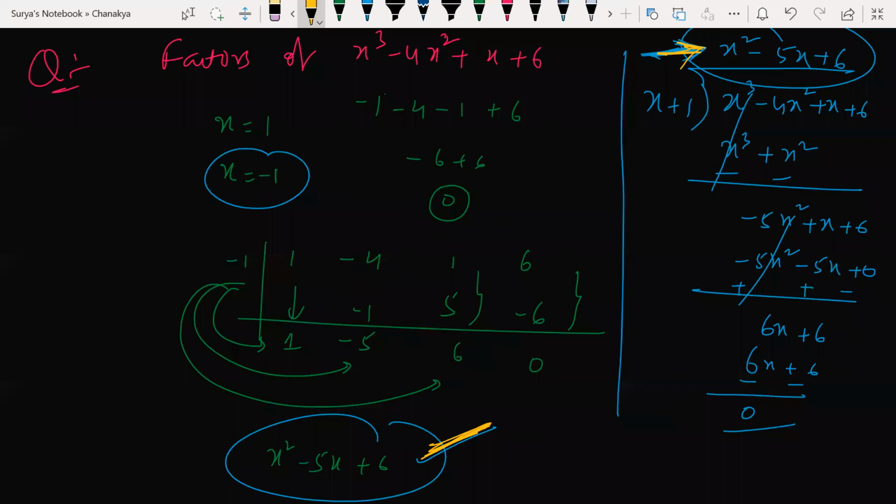Then you factorize that. That is also correct. Shall we go for the next question?